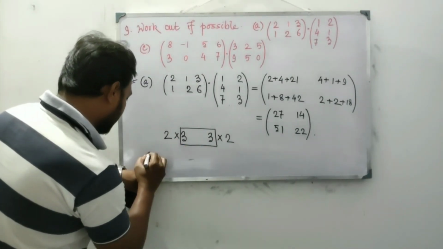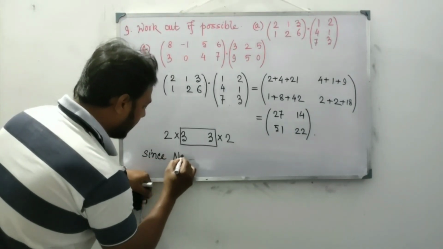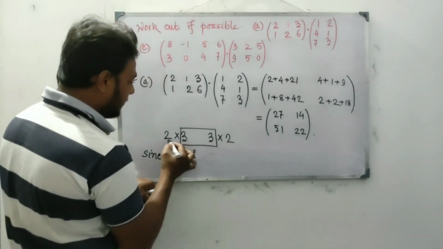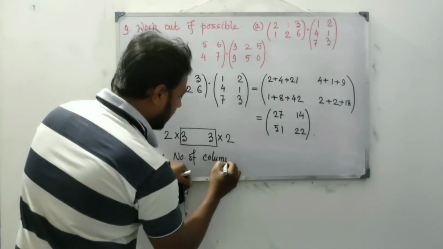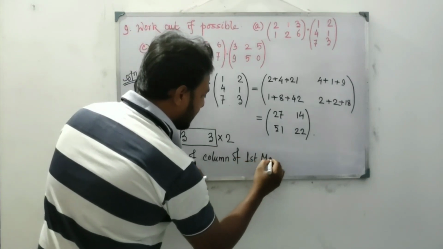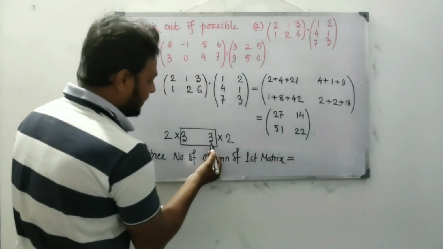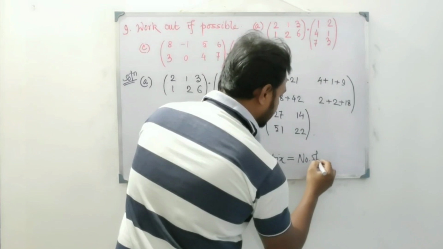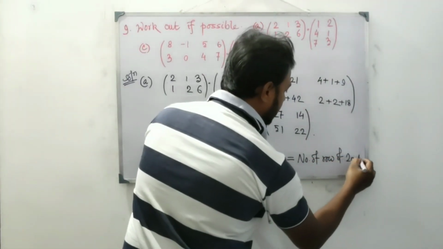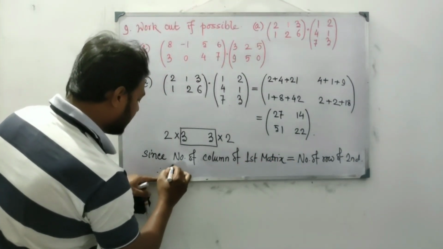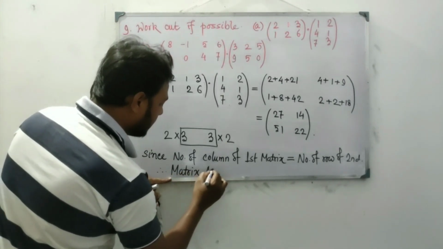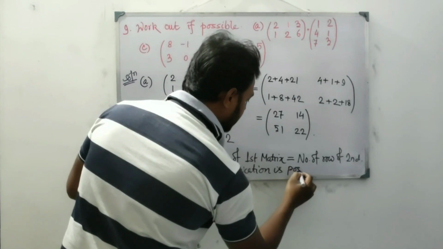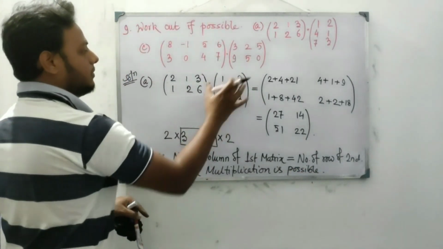You have to write that since the number of columns of the first matrix is equal to the number of rows of the second matrix, therefore matrix multiplication is possible. After that you have to do this part.